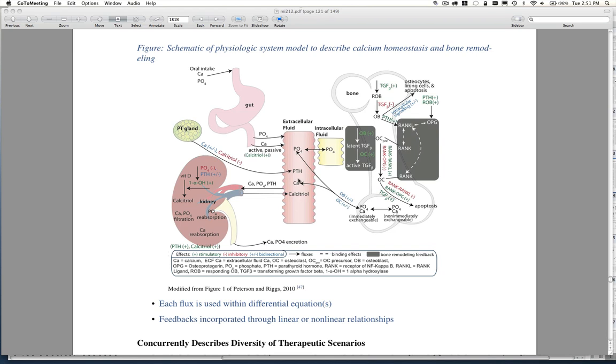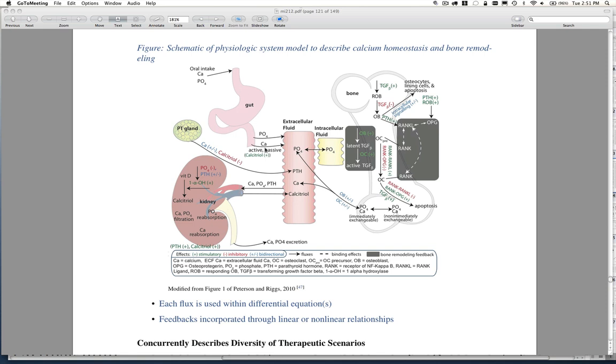I mentioned before that the body has developed all these systems to maintain a very tight balance on the amount of calcium within this extracellular fluid. The ways that it does that are it either changes the amount of calcium coming in or going out.